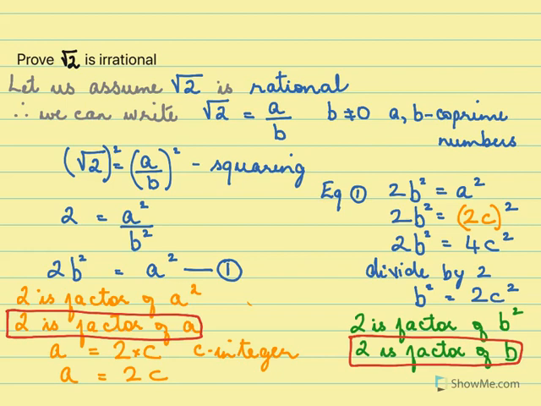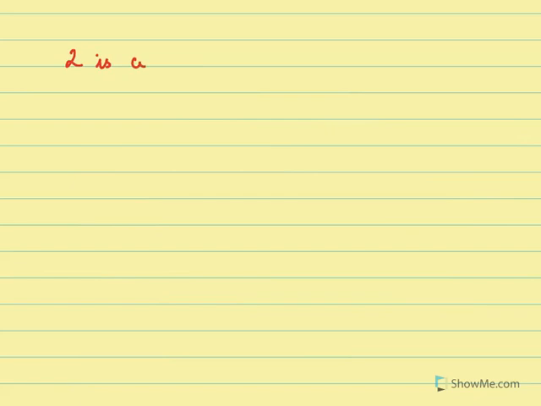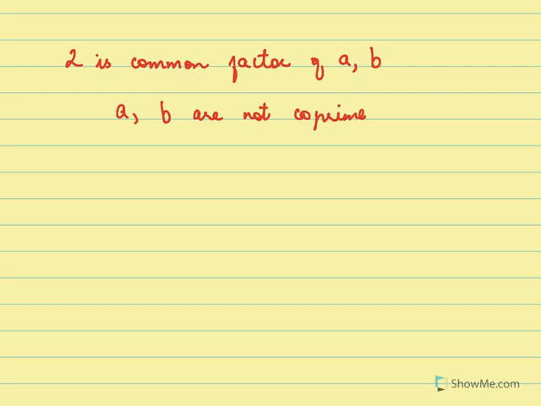So 2 is a common factor of a and b. So are a and b co-prime? No, a and b are not co-prime. If a and b have to be co-prime, they must not have a common factor. So a and b are not co-prime because they have a common factor 2.